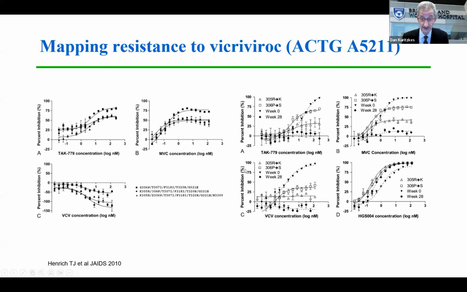Here, what we did was to take, for one of the participants, the week 28 sequence when the resistance was present, and back mutate substitutions at 2 key positions. And you can see here, looking at the Vicriviroc, that these filled diamonds represent the week 28 sequence, and the open squares show what happens when the 306P mutation is reverted to the wild-type serine.